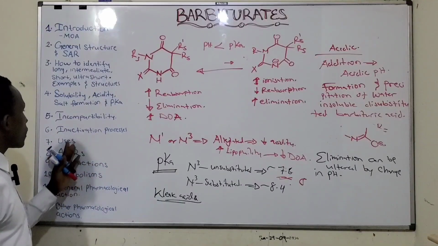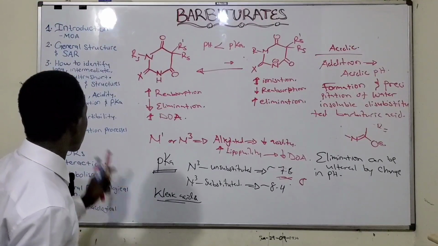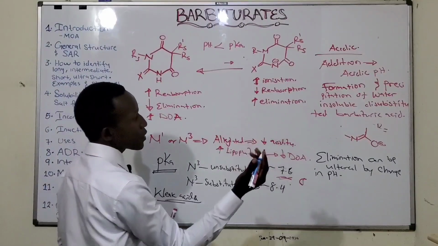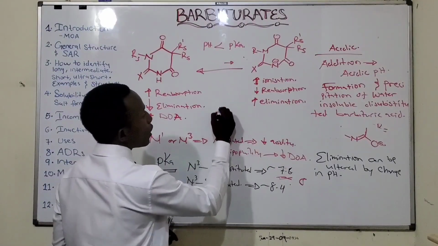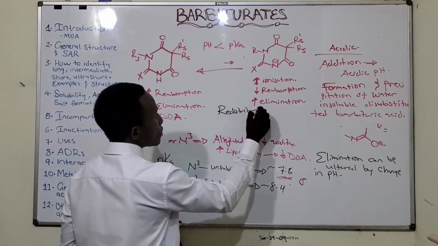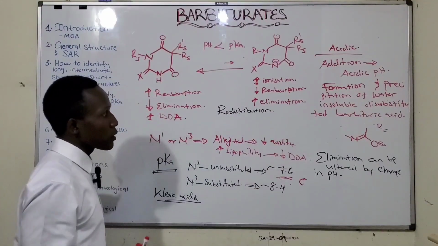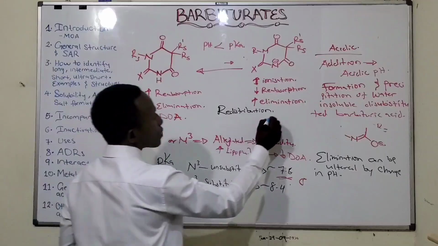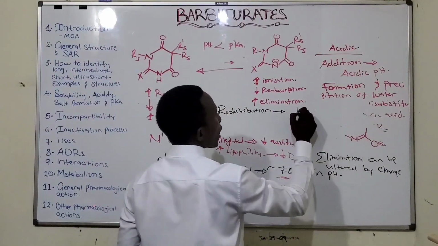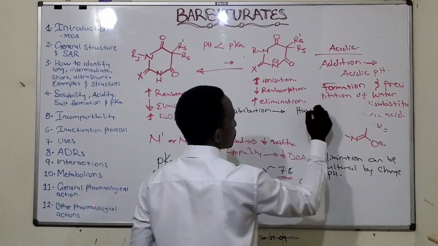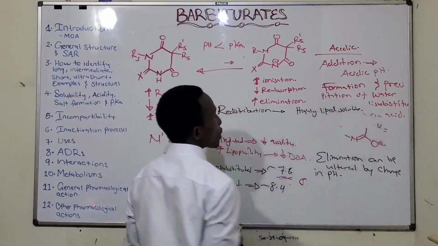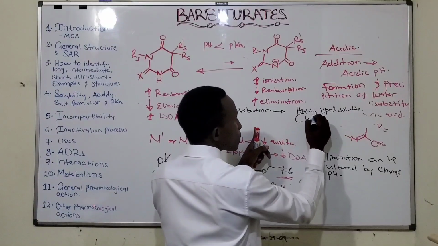Now, let's talk about the inactivation processes also. For inactivation processes, mainly, there are three. You can have redistribution. That's one. And this one is mainly for the highly lipid soluble, mainly for the ultra short acting.